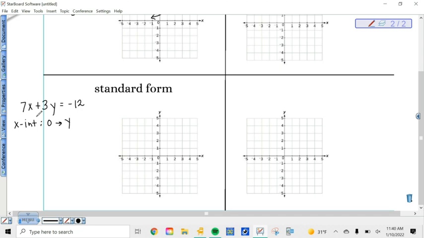So then we just rewrite our equation. We got 7x plus 3 times 0 equals negative 12. Okay.